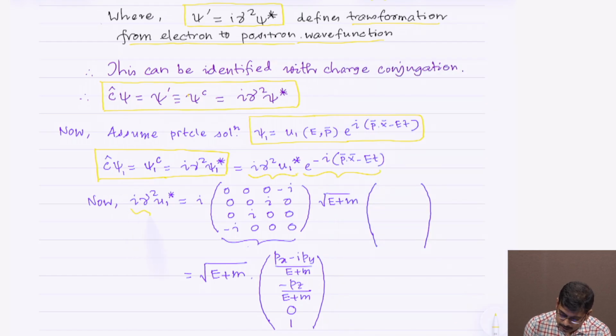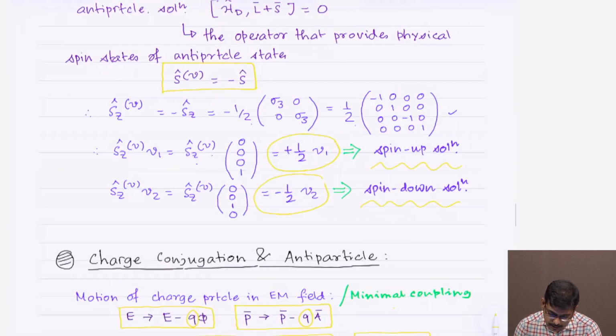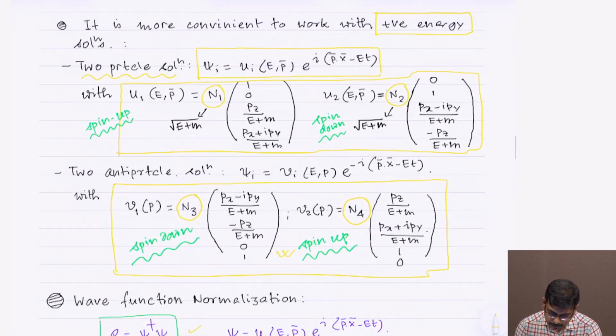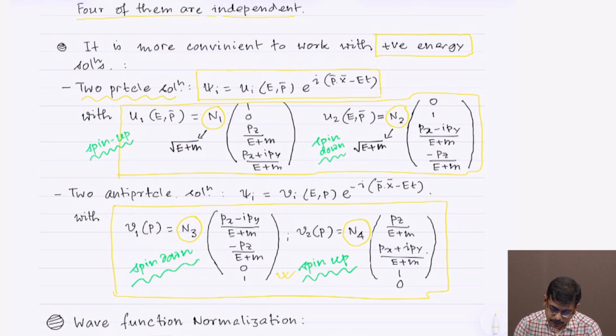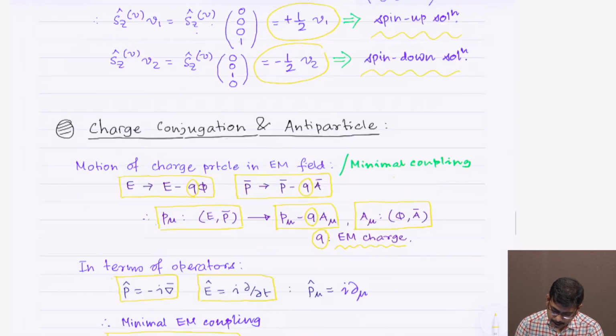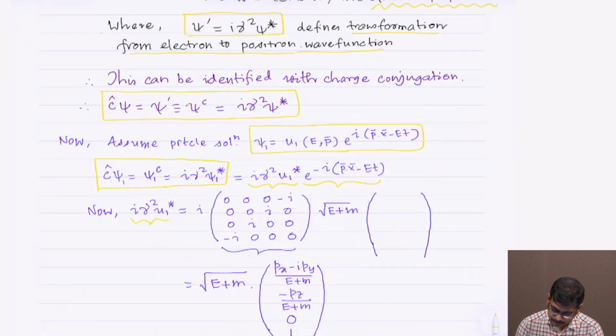This is simply a matrix multiplication. i gamma 2 is, you just write it from the very definition. What is u1 star? Let us go back to these definitions that we have found out. So, this was u1 = (1, 0, pz/(E+m), (px+ipy)/(E+m)). Let us replace this with u1 star.